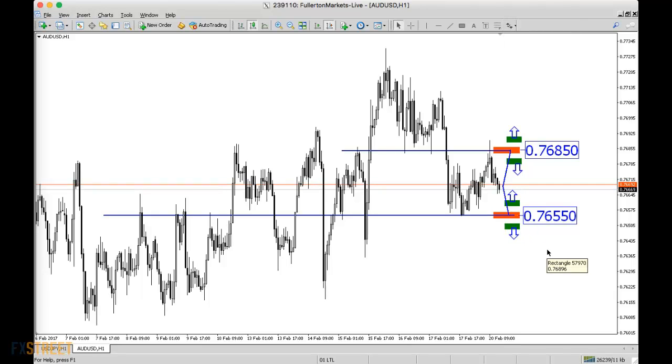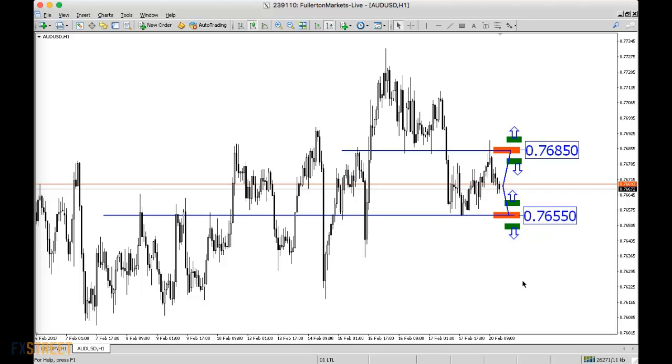Okay, so we'll start off with the lowest green box at the bottom. So when price hits into the orange area, then the next thing I want to see is if the price closes lower, into the green box or lower, that would be my signal to go short.